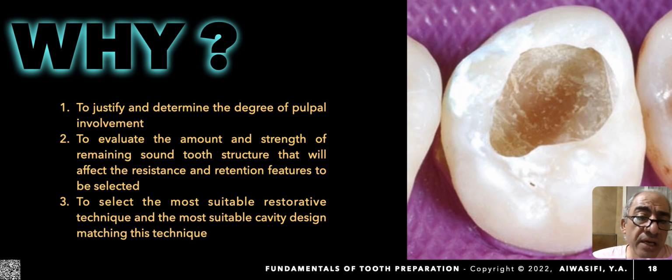Even if the pulp is not involved and is healthy and safe enough, you need to evaluate the amount and strength of remaining sound tooth structure first. That will determine the most suitable restorative technique and cavity design.